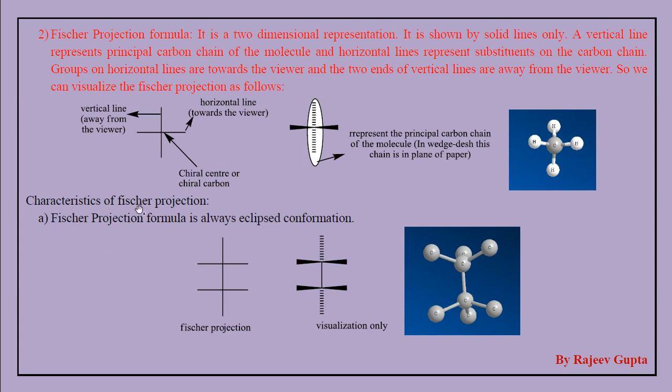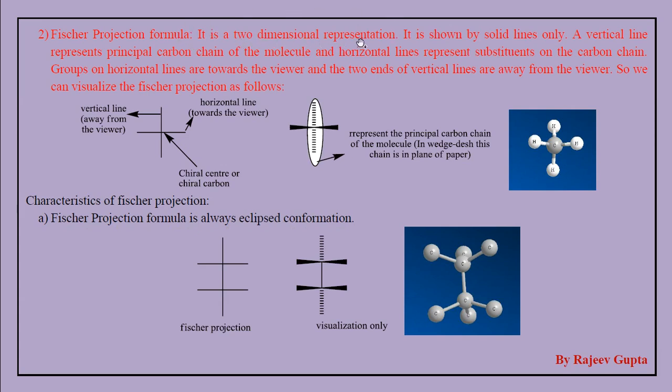Now see the characteristics of the Fischer projection. What are the characteristics of the Fischer projection? The first characteristic: the Fischer projection is always an eclipsed conformation, as shown here.